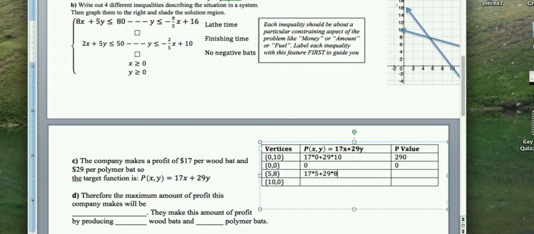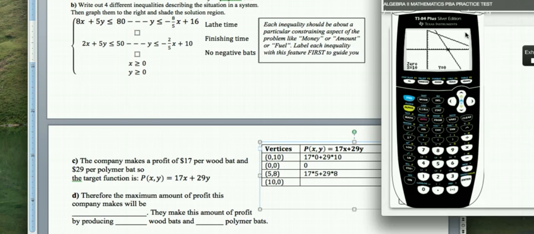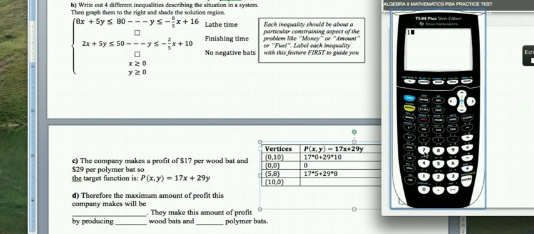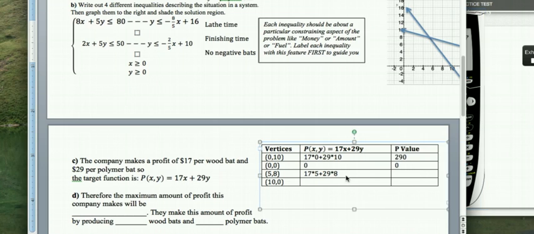Let's see, I'm going to use my calculator on that one. Second quit. We have 17 times 5 plus 29 times 8. So that's 317. And then we have 17 times 10 plus 0. It's going to be 170.